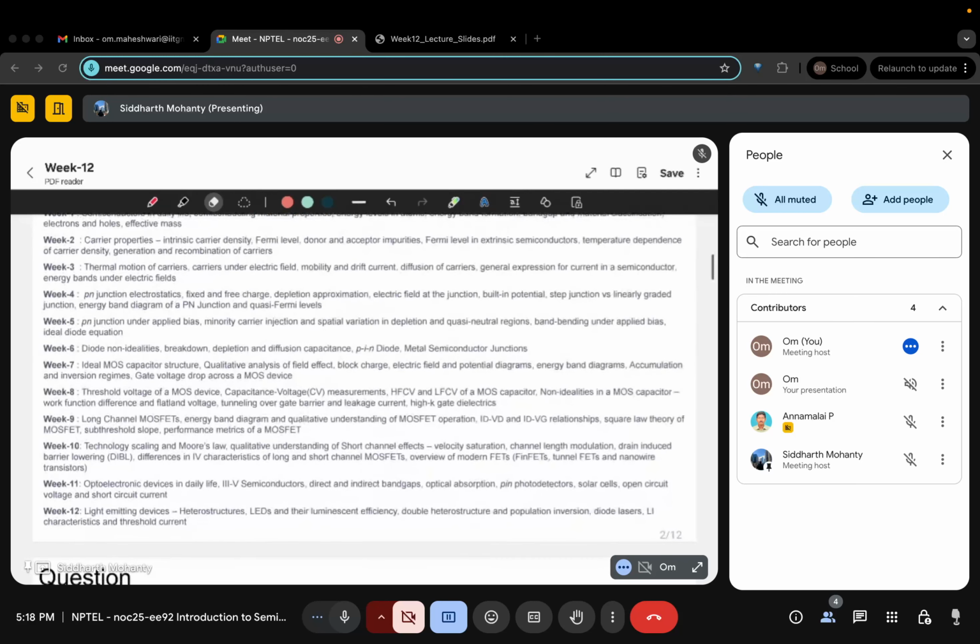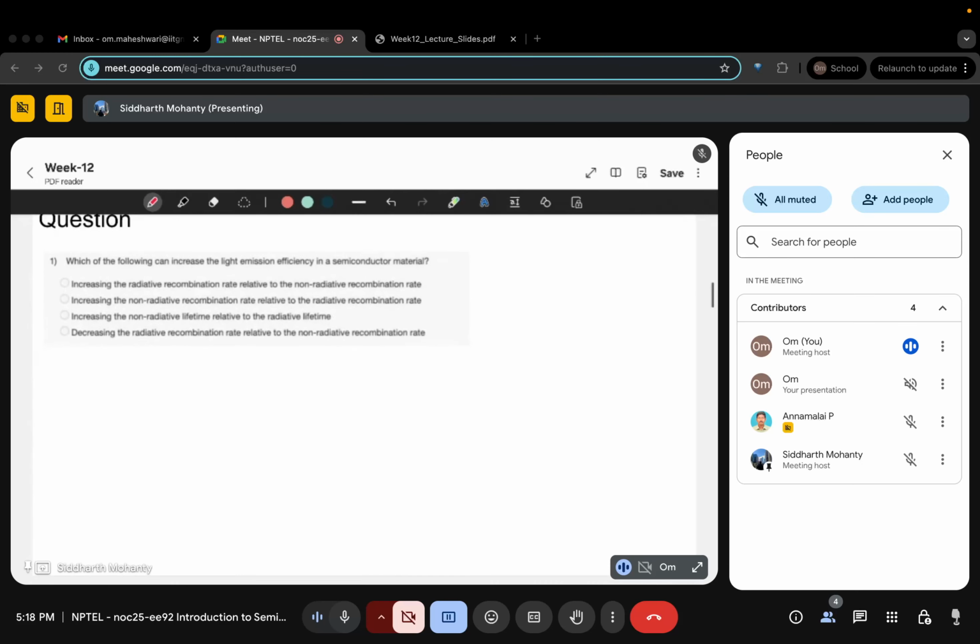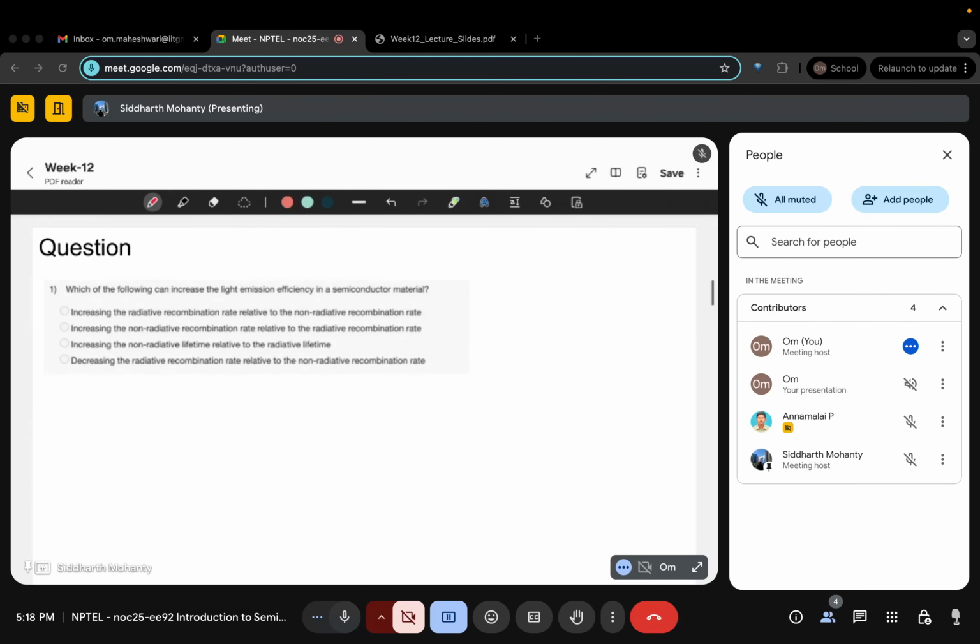In this week, basically we are talking about LEDs, illumination efficiency, heterostructure, etc. So this is the first question. Which of the following can increase the light emission efficiency in a semiconductor material? Please take a moment to answer this, then we'll solve it.